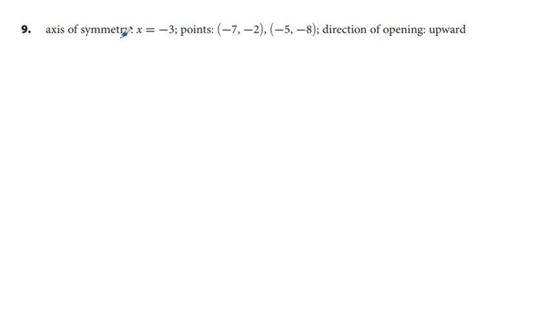So we have our axis of symmetry, x equals -3. So we take the standard form equation of f of x equals a times quantity x minus h squared plus k, and we're going to replace h with -3. So we have f of x equals a times x minus -3 squared plus k.